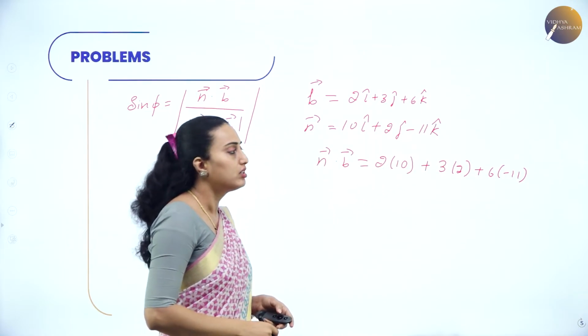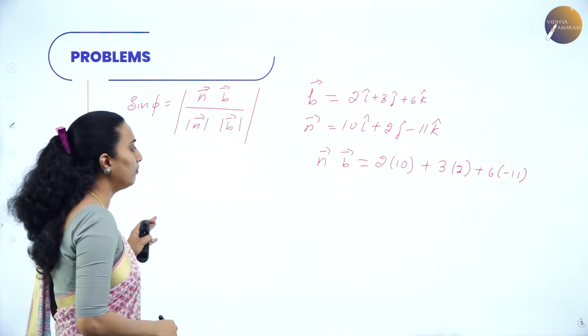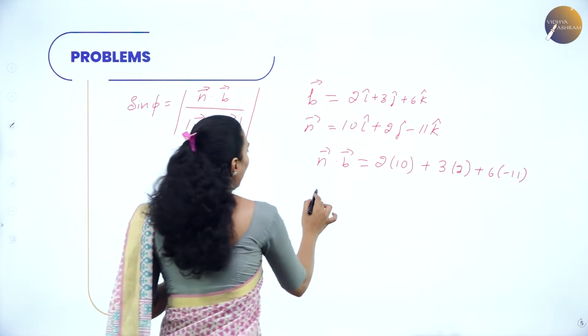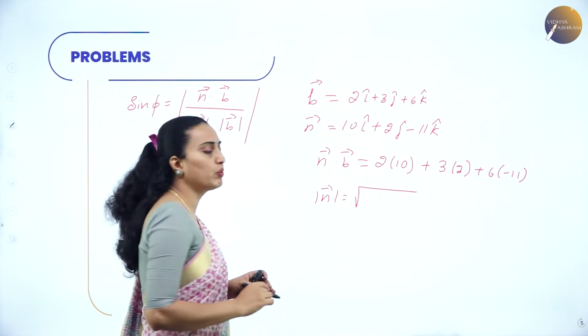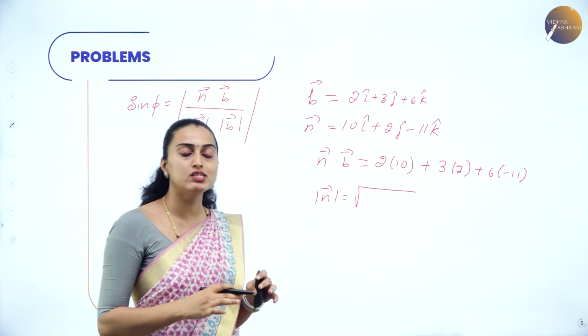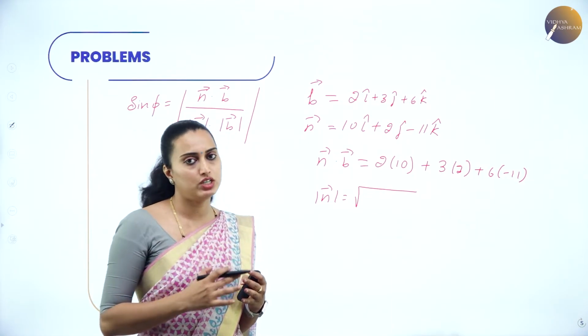So, let us substitute this in the equation, and then we need to find the magnitude of the n vector. The magnitude of the n vector is given by the square root of the i coefficient whole square plus the j coefficient whole square plus the k coefficient whole square.